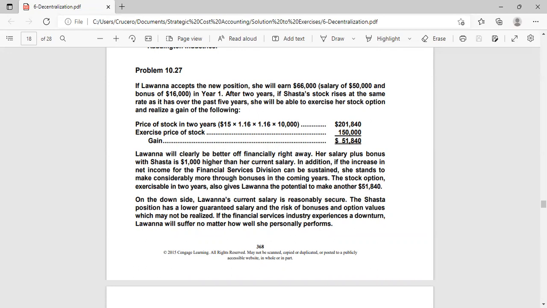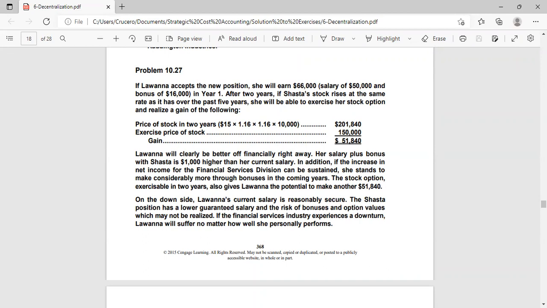On the downside, Lawana's current salary is reasonably secure. So it's a flat amount of 65,000 without any other incentives.